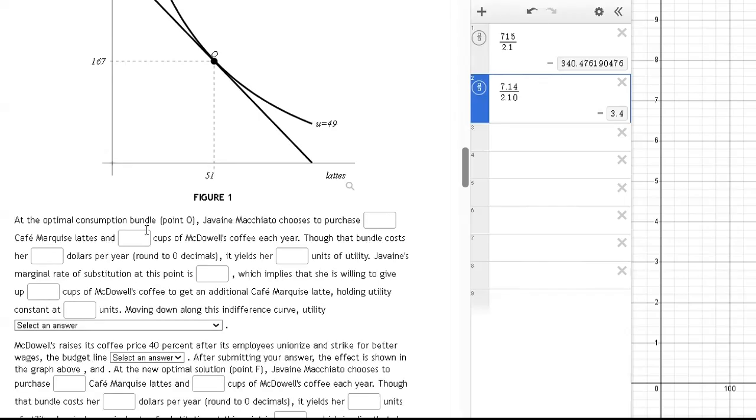At the optimal consumption bundle, point O, she chooses to purchase how many lattes? Well, at this point here, she chooses 51 lattes. And at this point, she also chooses 167 cups of McDowell's coffee each year.